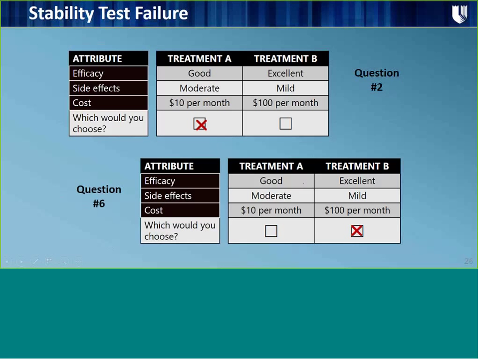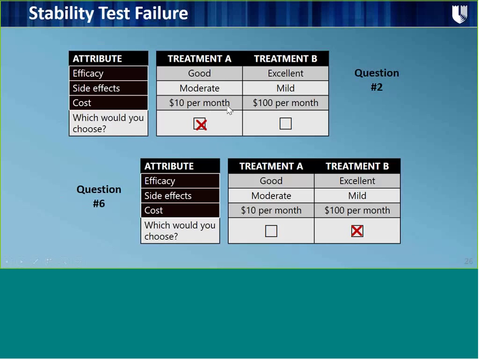Here's a stability test failure. In, say, question 2, we have treatment A and treatment B. We have efficacy, side effects, and cost. This is obviously just a little tinker toy example. This isn't an actual survey. So we have good, excellent, moderate, mild, $10 or $100.